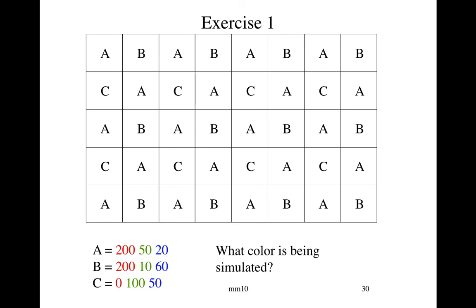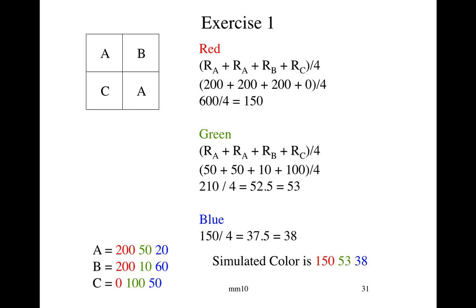Let's see if my maths is getting better or worse over time. Did I get that right before? Yep, so 600 divided by 4. So the red is 150. The green would be 50 plus 50 plus 10 plus 100. It's 210 divided by 4. Gives a green value of 53. And the blue would be 150 divided by 4.